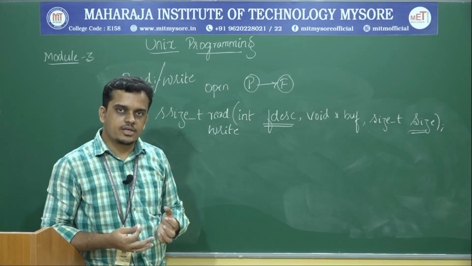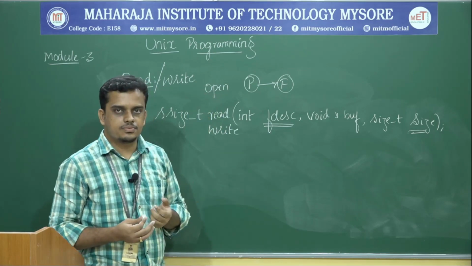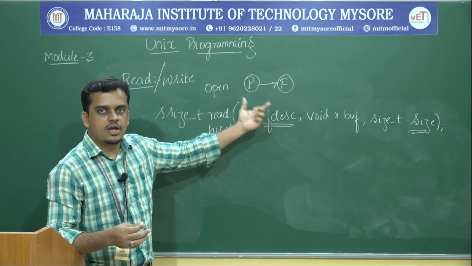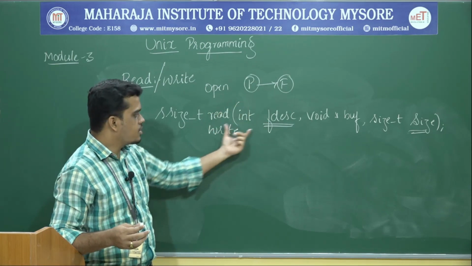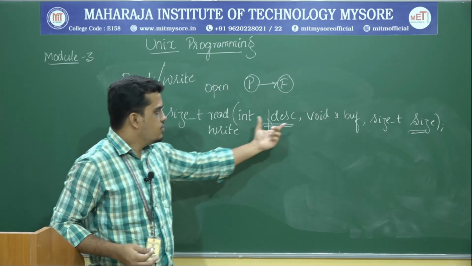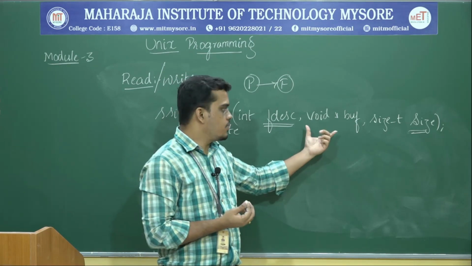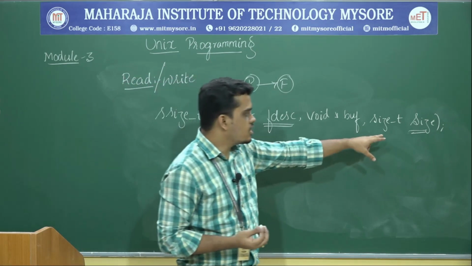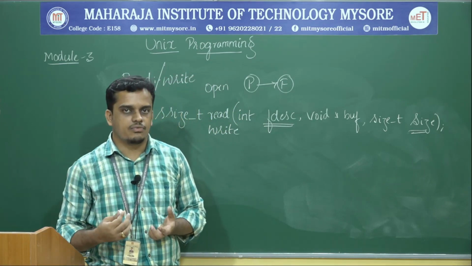Even in this case, before executing the write API, you need to use the open API, because the connection between a process and a file has to be established, and the return value of the open API is a file descriptor, which will be used for pointing to the file. Any newly typed information is put into the buffer, and that information will be stored to the file. The third argument specifies the size of data that is being written into that file.